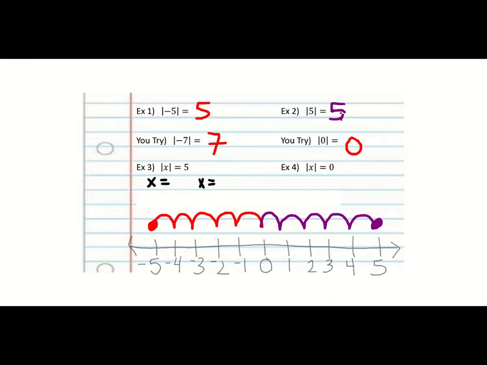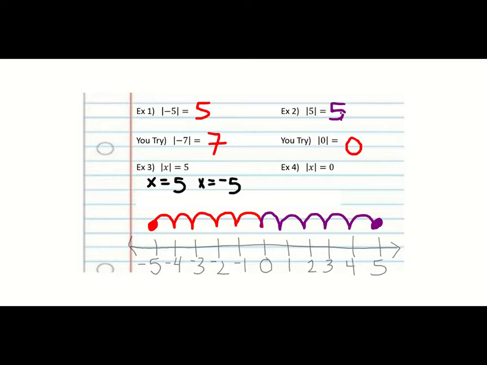So when I do this, what number is 5 units away from 0? Well, that could be +5, as we saw in example 2, or that could be -5, as we saw in example 1. So the answers to this would be x could be +5 or x could be -5.